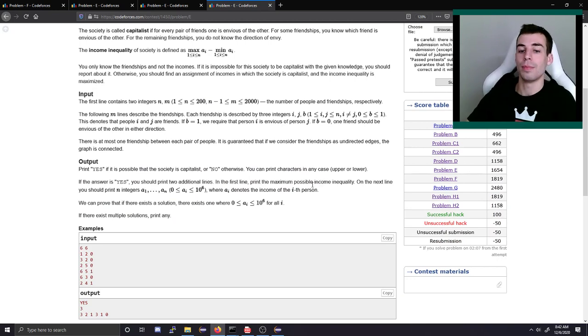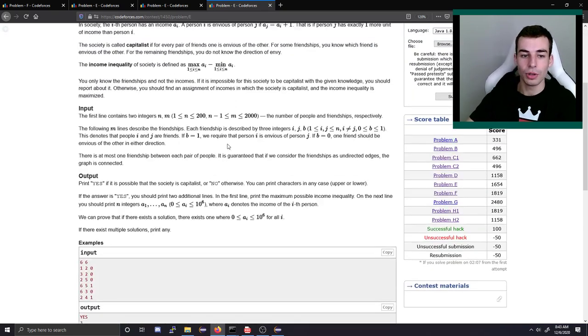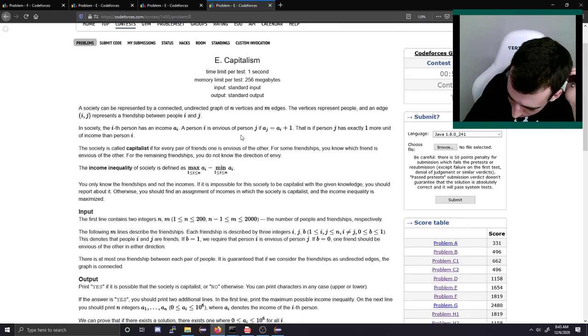The maximum possible inequality. We want to maximize the inequality. If we wanted to minimize the inequality, would that make it any better? Well, I don't know. Maybe this is the same difficulty problem.